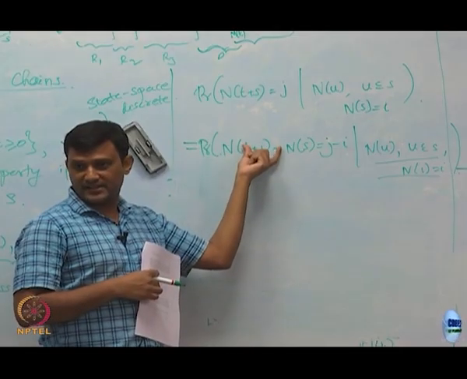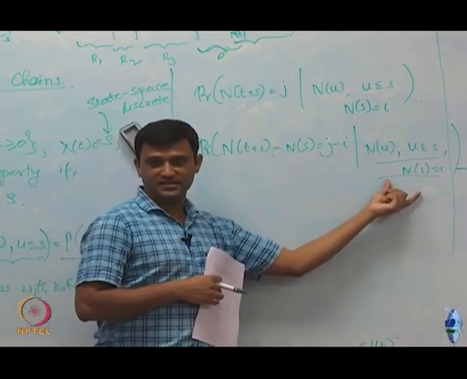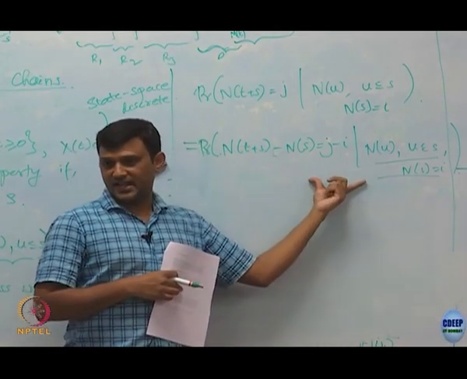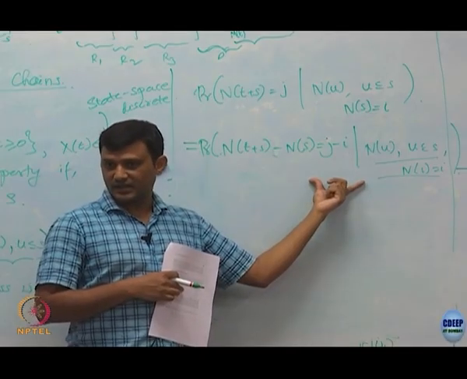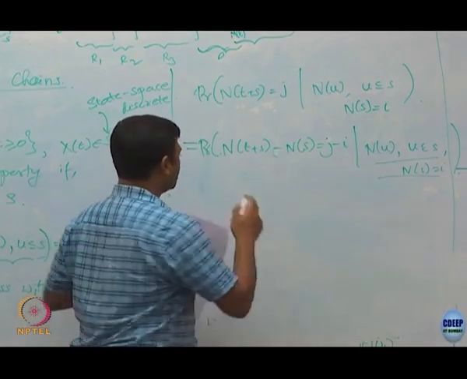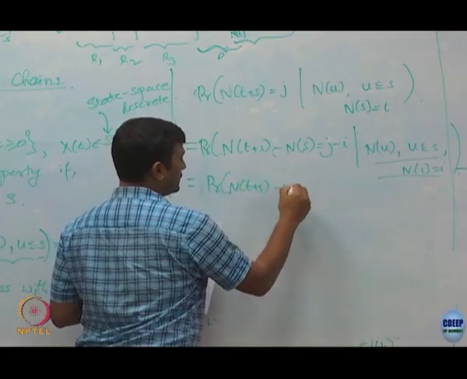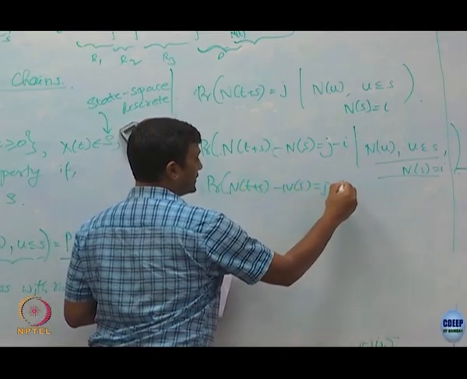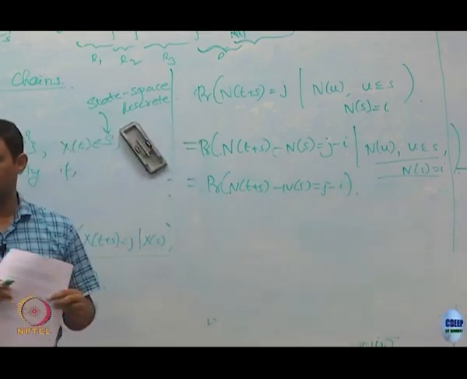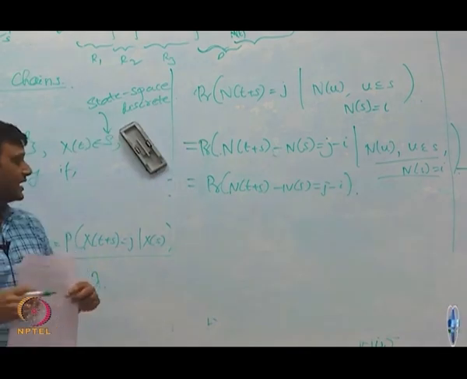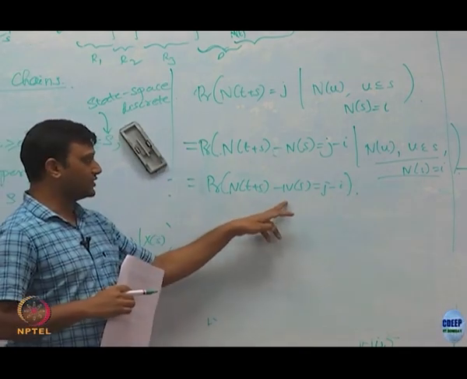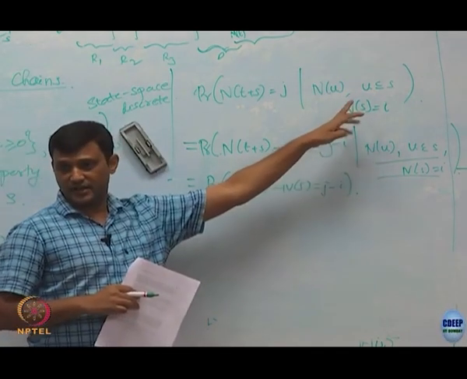The interval here is s to t plus s and here the interval is 0 to s, and these are independent events. This is nothing but the probability of j minus i, and here I have assumed that N(s) is already known to me.